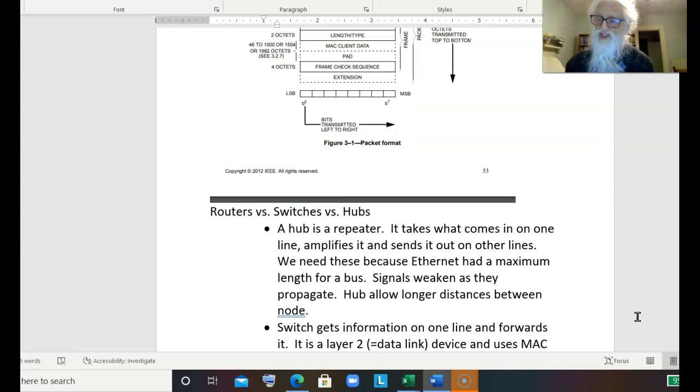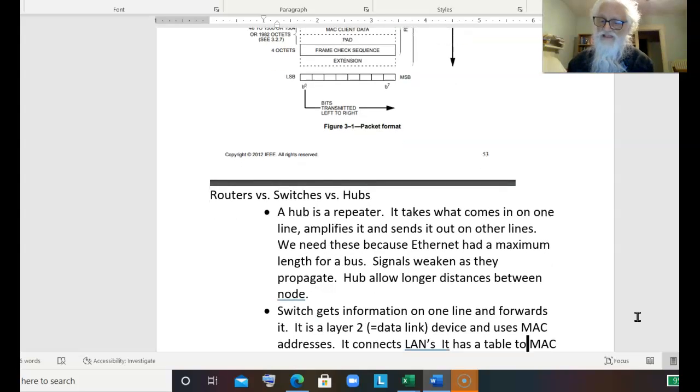Now, a switch, what it does is it takes information from one side and it forwards it to the other side. It is at layer 2. It uses the media access control addresses, the MAC addresses.